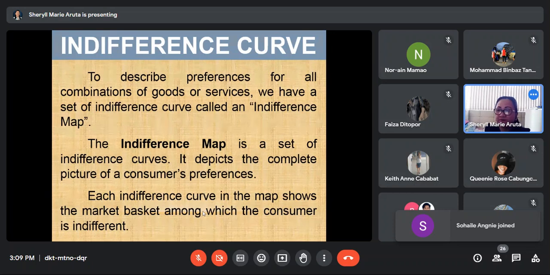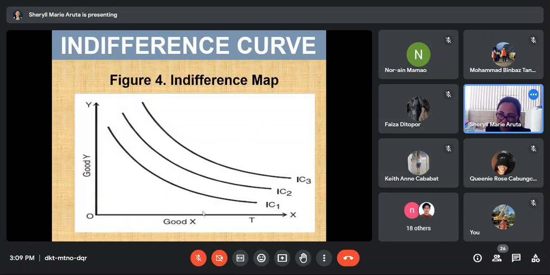So, each indifference curve in the map shows the market baskets among which the consumer is indifferent. So this is the picture of the indifference map. You have indifference curve 1, that's IC1. We have indifference curve 2, and we have indifference curve 3.